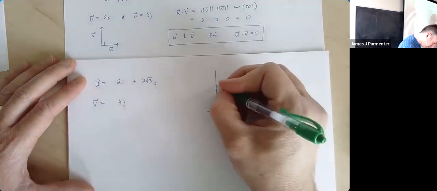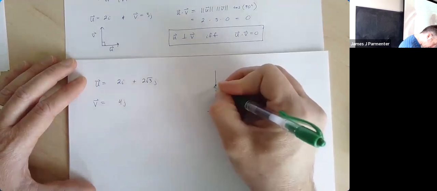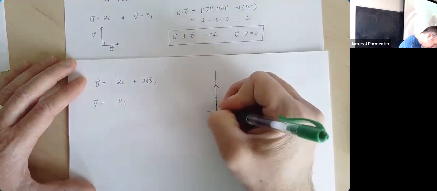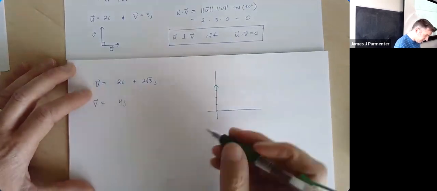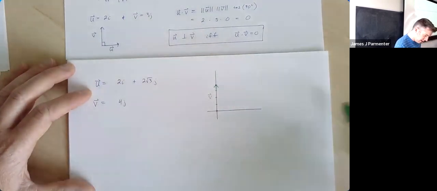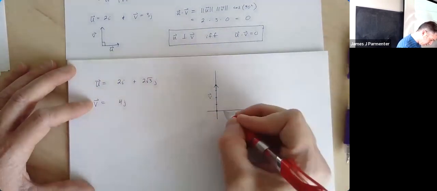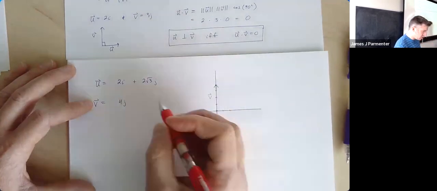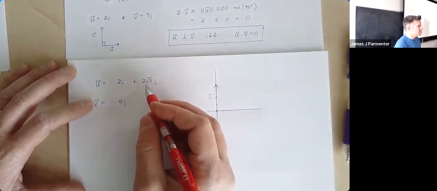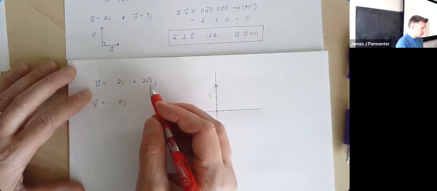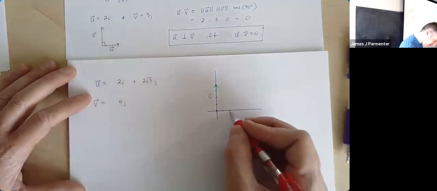There's v. And u, I'm going over 2 and up to root 3, which is about 1.73, so about 3.5.